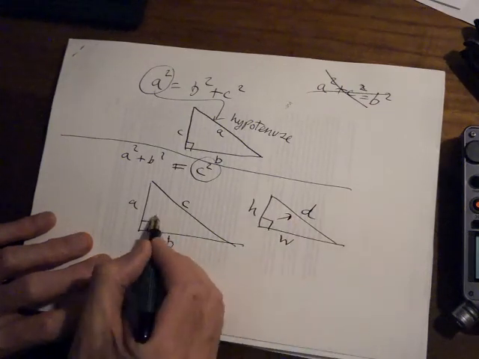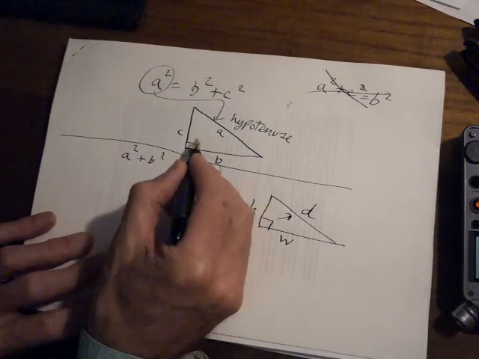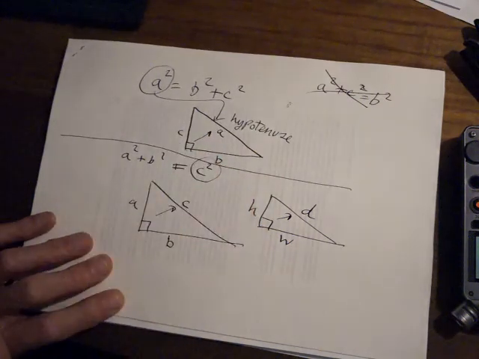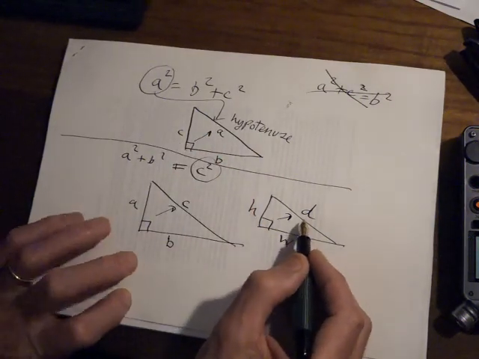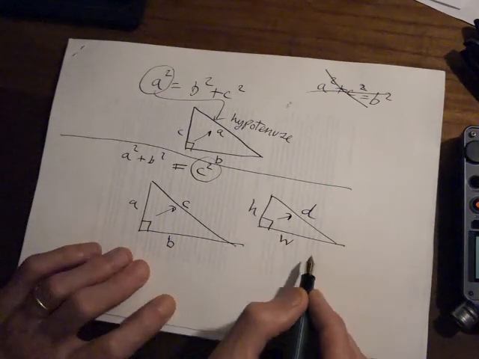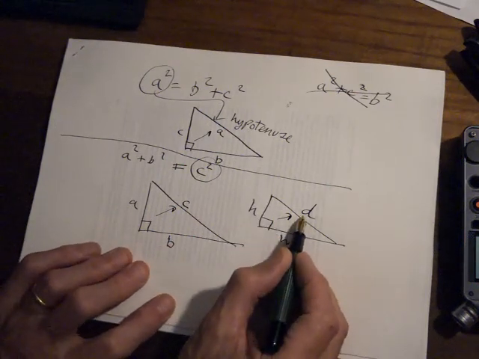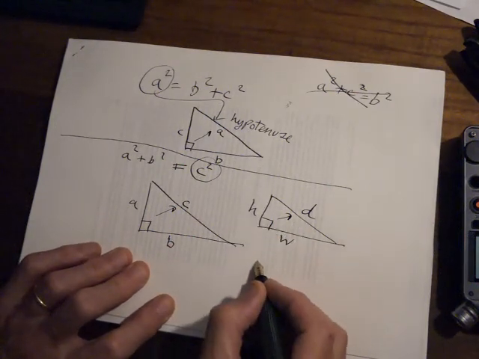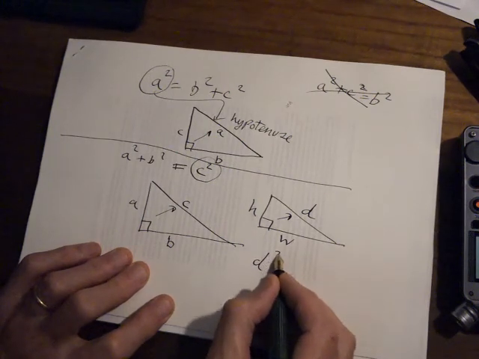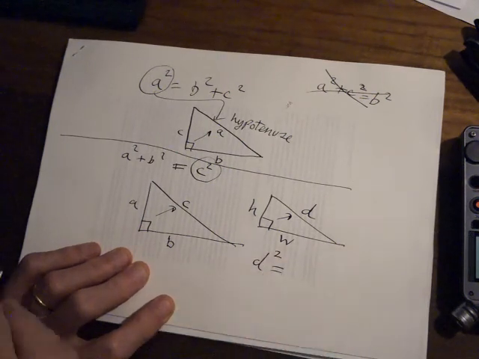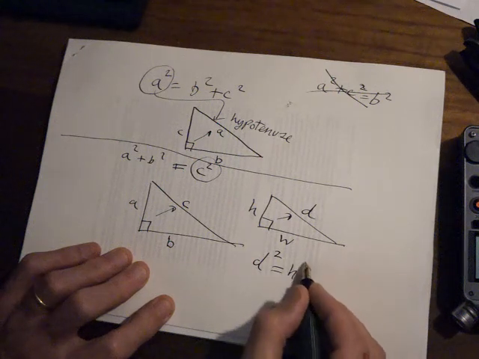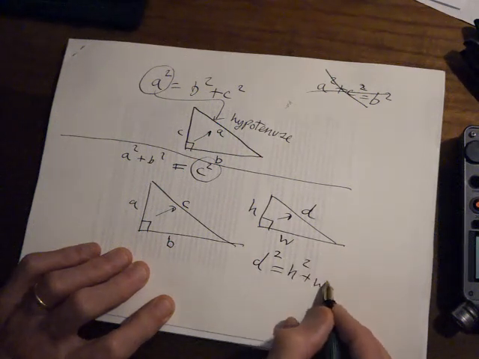Look, there it is. There's the right angle, there's the hypotenuse over there, there's the right angle, there's the hypotenuse over there. And what that means is that in this case you would write the formula, well, the hypotenuse is the one that's on its own on one side of the equal sign, d squared equals, and then you've got to take the other two, h squared plus w squared.